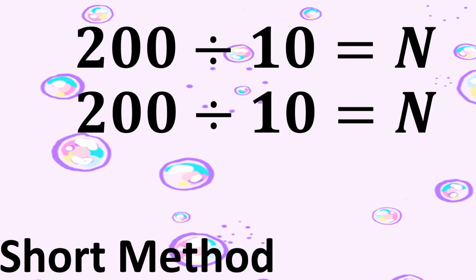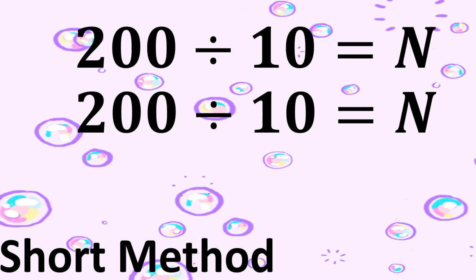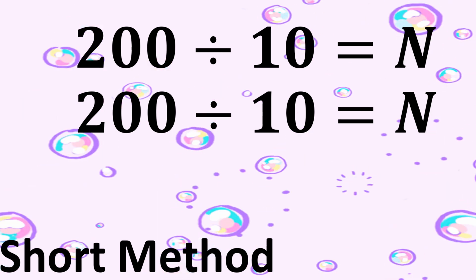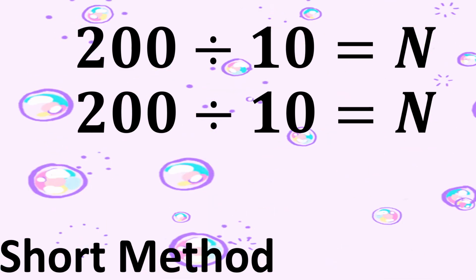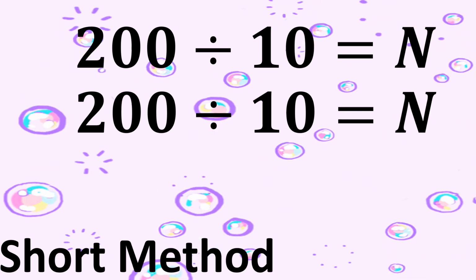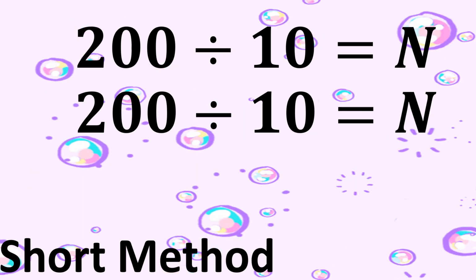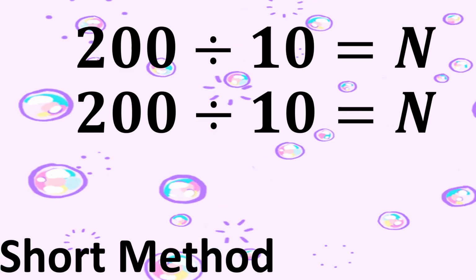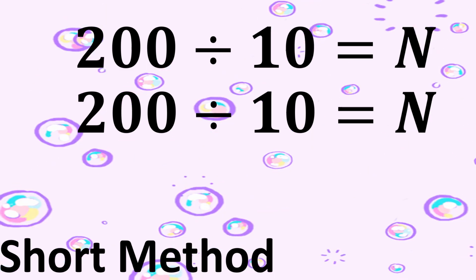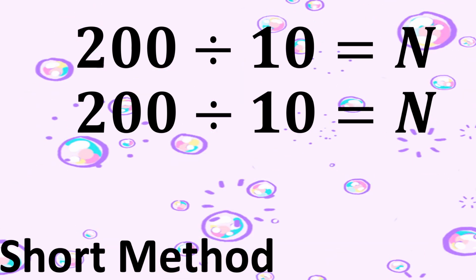Let's have another method. This will be the short method. How? Because we need to remove the number of zeros in our divisor and the same number of zeros in our dividend. But make sure that the number of zeros removed from the dividend is also equal to the number of zeros in the divisor.